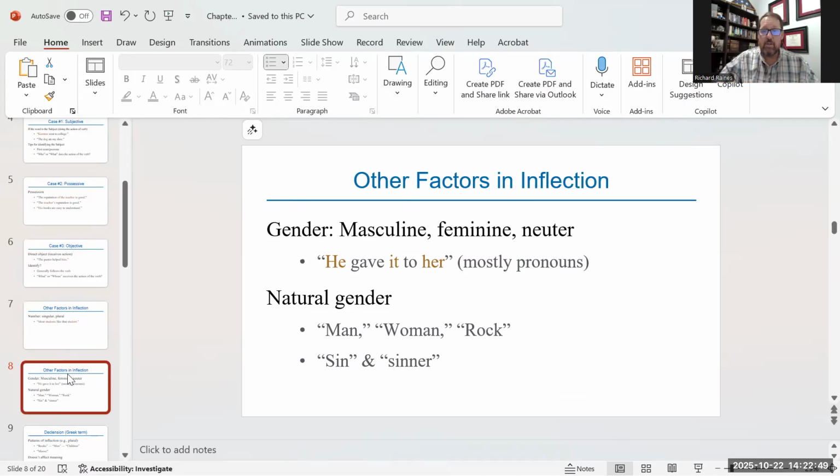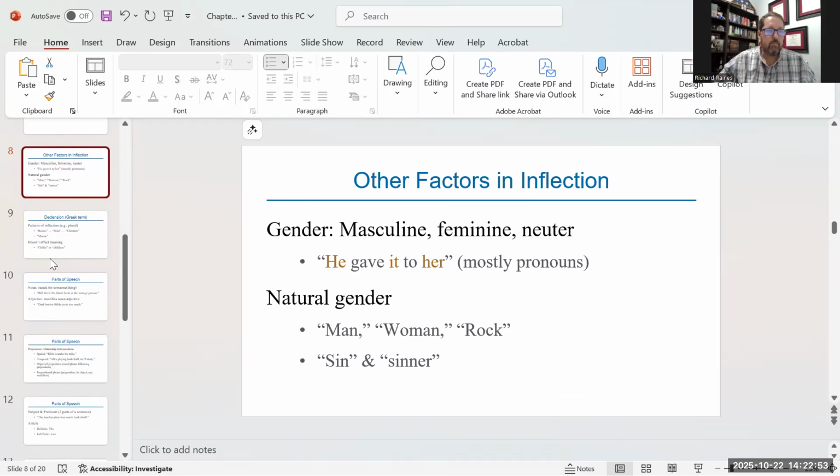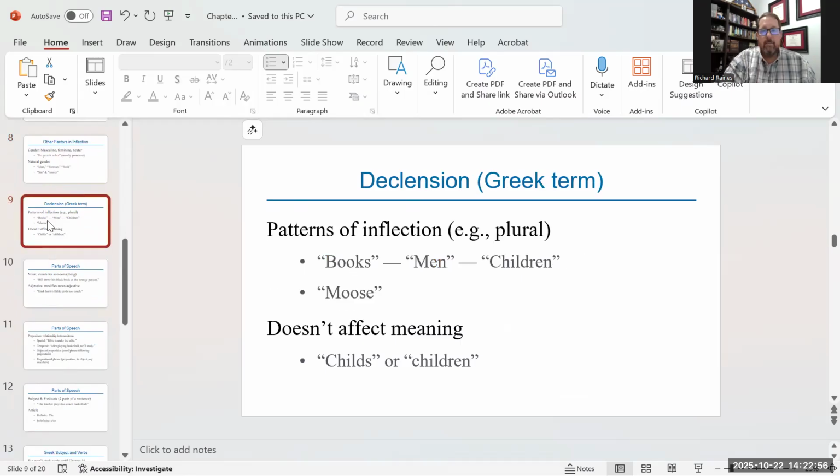So in language, you're going to have masculine, feminine, and neuter. So you have plural: books, men, children, moose, not mooses, but moose. Doesn't really affect meaning, right? So plural doesn't affect meaning. It's just more of the same in the singular.